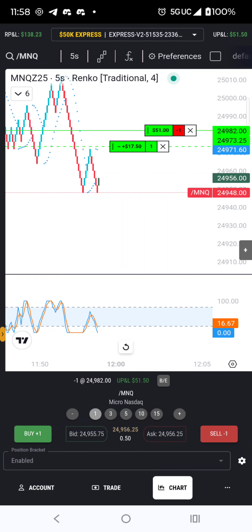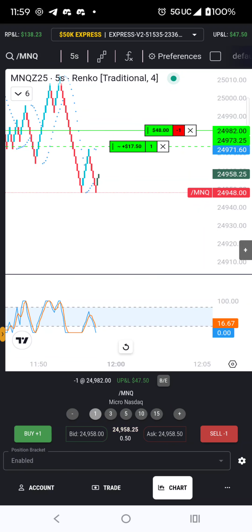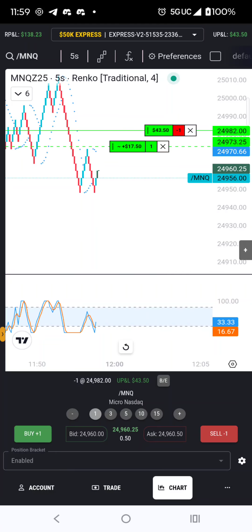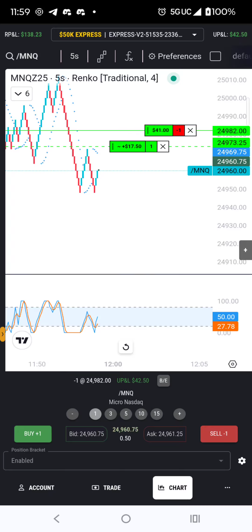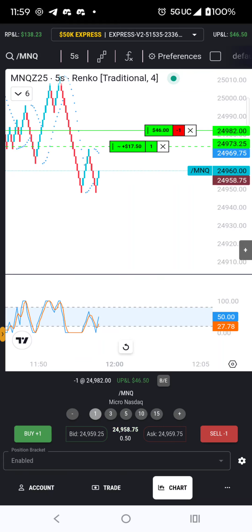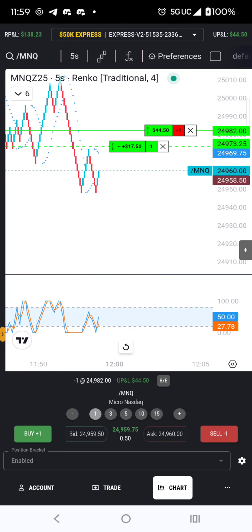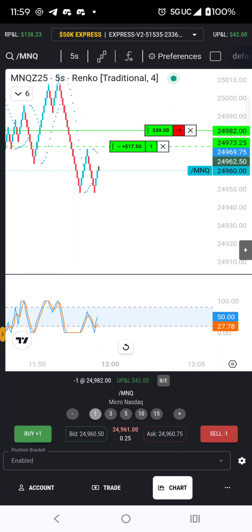So it's not any noise, it's not time based, it's not going to solidify a brick unless it's moved that much in the market and 5 seconds have passed. If the market doesn't move more than 4, then it's not going to make a whole brick.